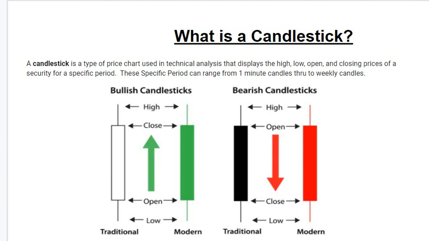So if this was a 1 minute candle, this candle, the entire thing, is equal to a 1 minute time frame, meaning 1 minute of price action. If this was a daily, same thing. Nothing else changes other than the amount of time this represents. Also, the high of this and the low of this, either one, is the range of price.